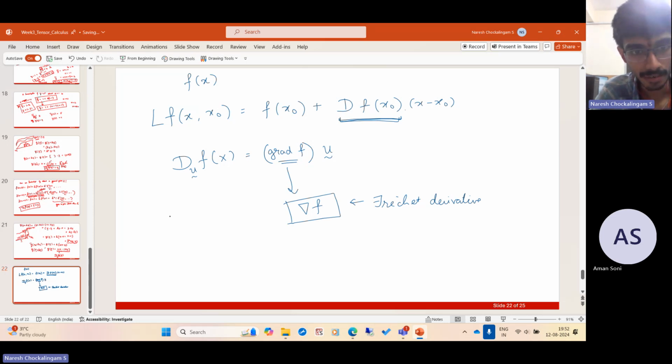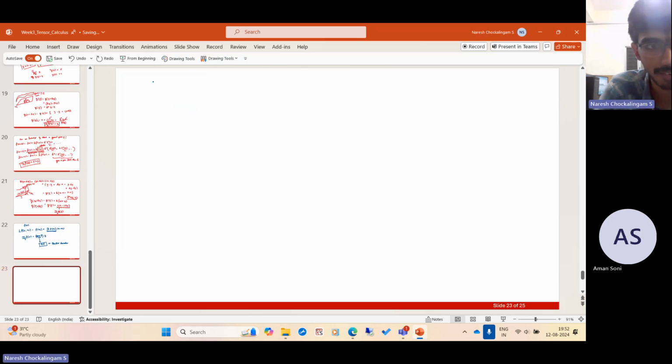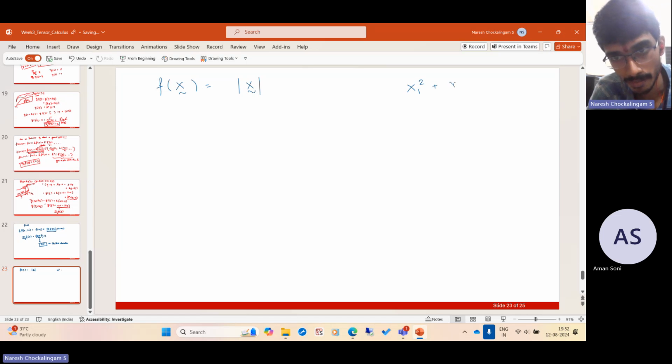So again, with an example, now let's take a different example. I can take f of capital X as, say, the length of a vector. This can be written as the square root of x1 square plus x2 square plus x3 square.